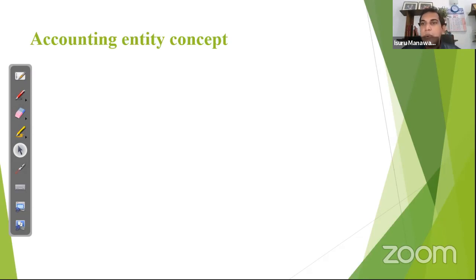Now, moving on to the accounting entity concept. What do you mean by accounting entity concept? The accounting entity concept is that the owner and the business are two separated entities. When we do accounting, we need to think from the business perspective, not the owner's perspective, right?